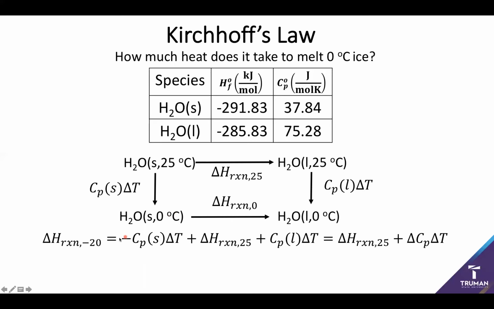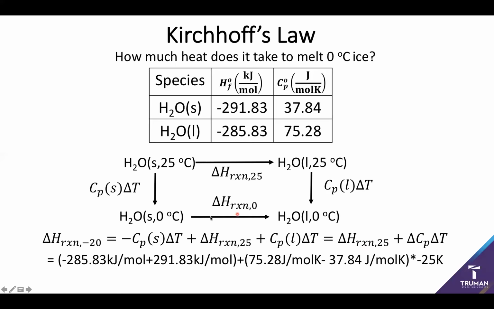So it turns out that the enthalpy of reaction at 0 is going to be the same thing as taking the negative of this path, because I'm essentially taking this heat capacity times the difference in temperature and going backwards, plus my enthalpy of reaction, plus my heating of the liquid, or in this case, the cooling. And this essentially breaks down to our original Kirchhoff's law of the enthalpy of reaction at 25 degrees plus the difference in heat capacities times the change in temperature.